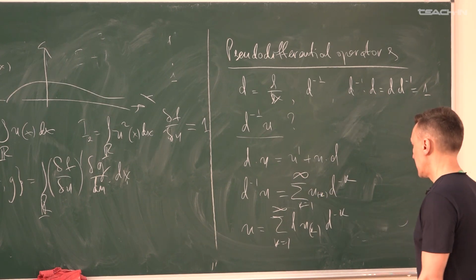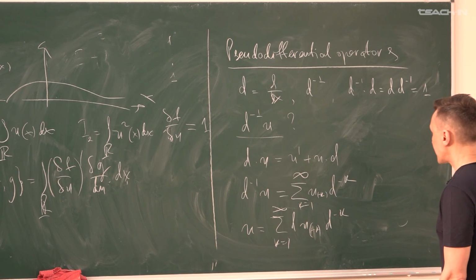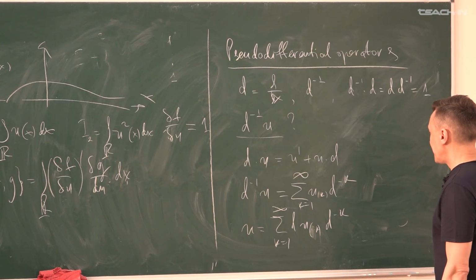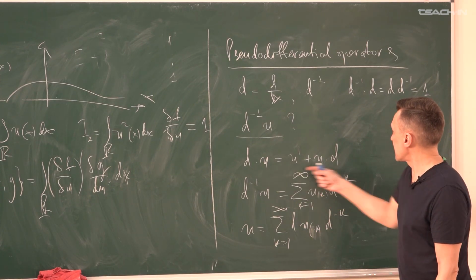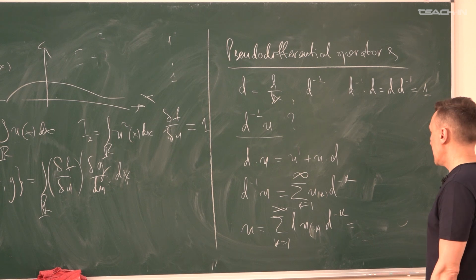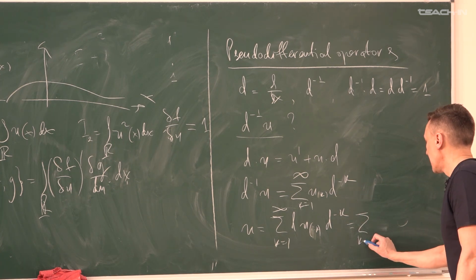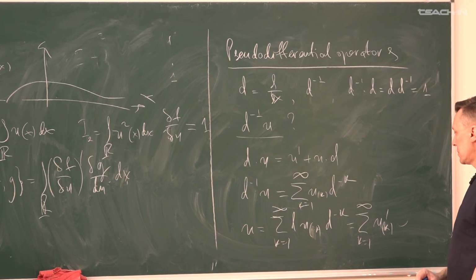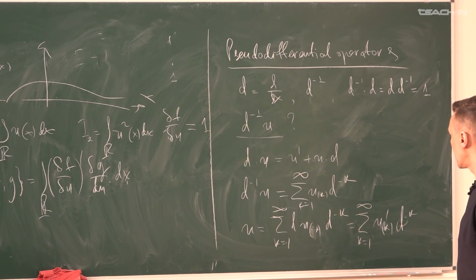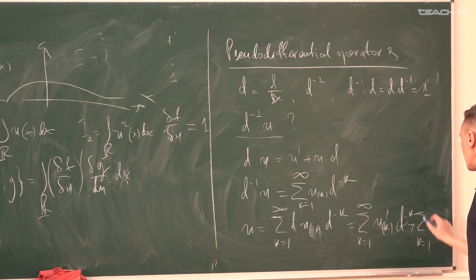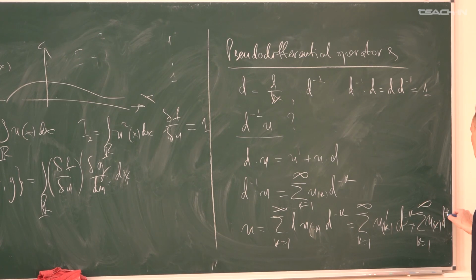Okay. And now we have to apply this commutation relation, and we get the sum from 1 to infinity of u k prime d to the minus k, plus this term, the sum over k from 1 to infinity of u k d to the minus k plus 1.